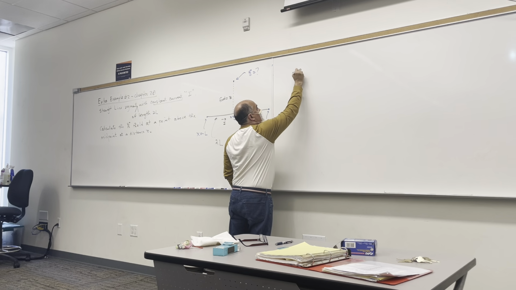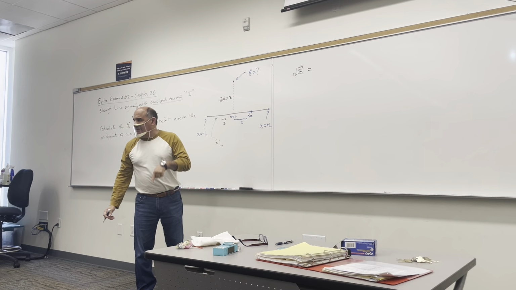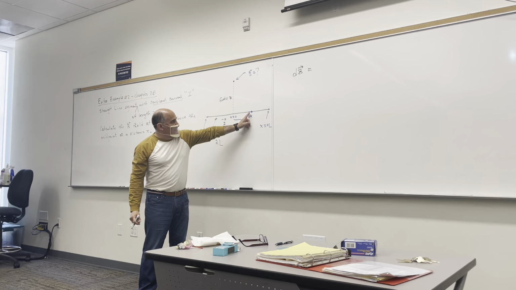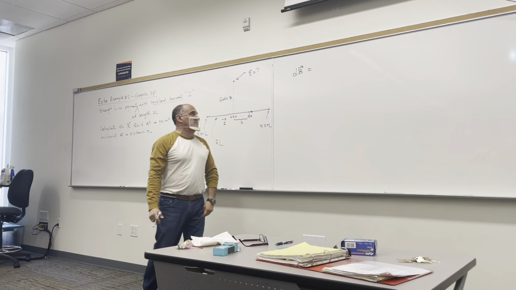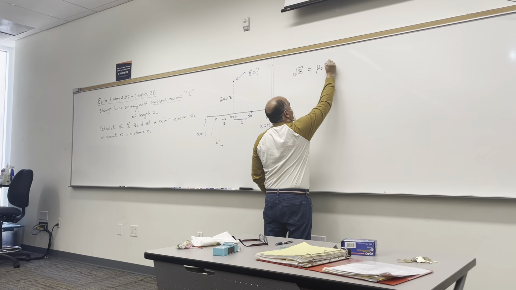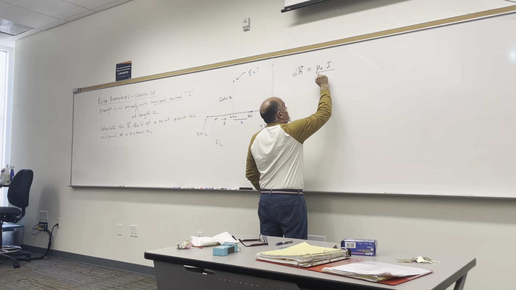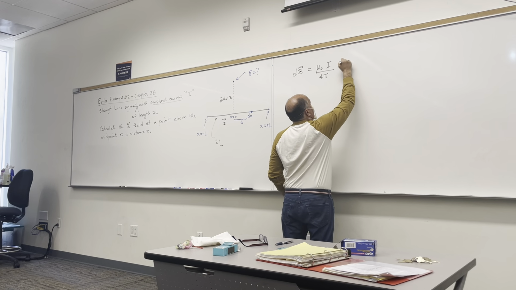It's going to be called dB. So dB is the magnetic field generated by the current in this infinitesimal segment dx. And the Biot-Savart law says that it should be mu naught times the current in that segment divided by 4 pi times dl cross r hat.